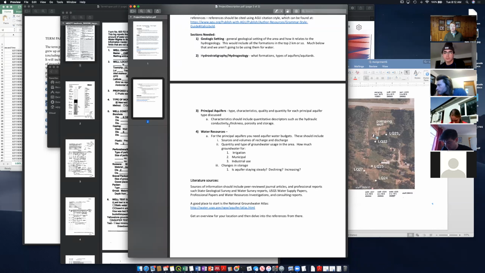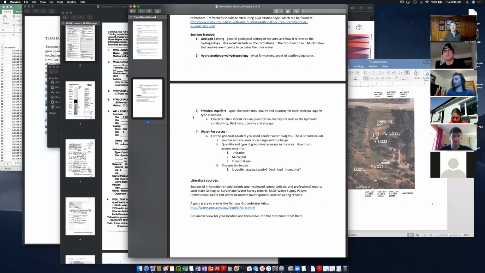And by characteristics, I want you to look for things like hydraulic conductivity, thickness, porosity, storage values. So the basic quality and size of these aquifers are what you're going to do here. You're going to characterize the principal aquifers that are utilized in the area.